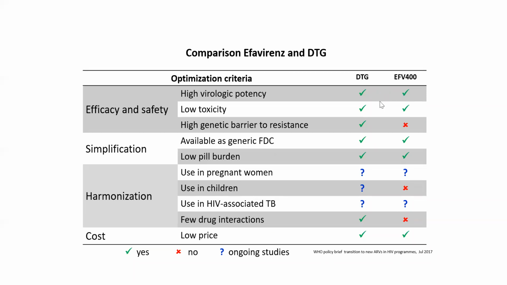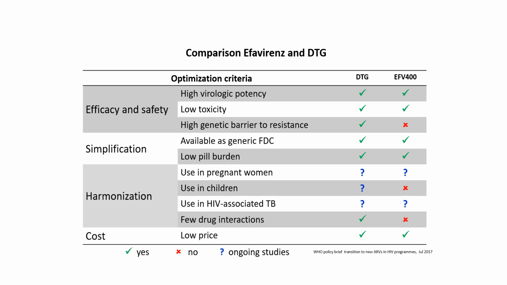If you compare these two, you realize DTG is more favorable as opposed to efavirenz. That's why there has been this move from efavirenz to this. I hope those of you in HIV remember that for someone to develop resistance to efavirenz, you only need one mutation, which is the genetic barrier. But for DTG, you need a lot of mutations before you finally have resistance.